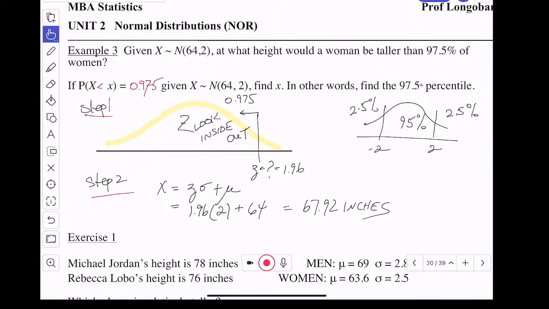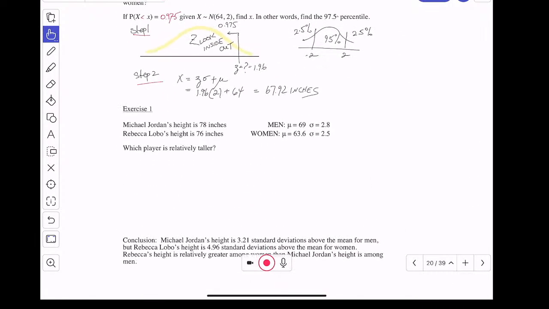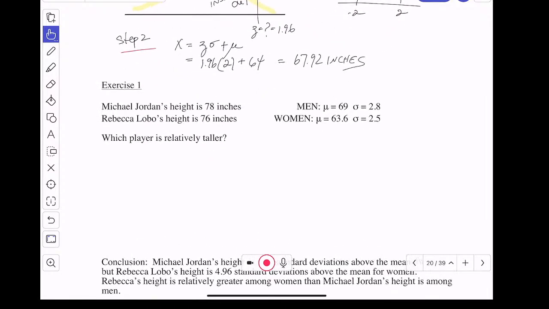Let's go on to these. So now let's apply what we learned here. Here you have 2 basketball players, one a male, one a female, and I want to compare them, but in their own group, among their gender.